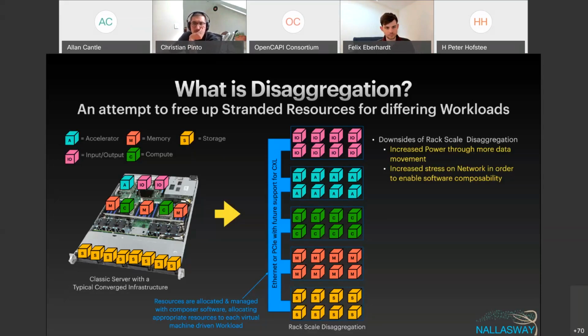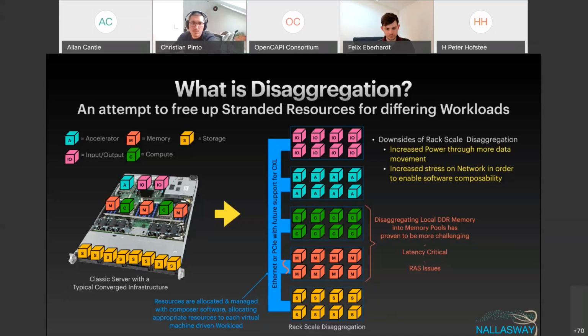And it gets worse because from a memory perspective, disaggregating local DDR memory into memory pools has proven to be more challenging. Fundamentally because we are talking about this being latency critical, and also reliability, availability, and serviceability issues with this approach.